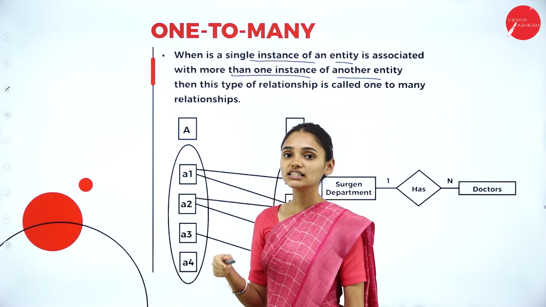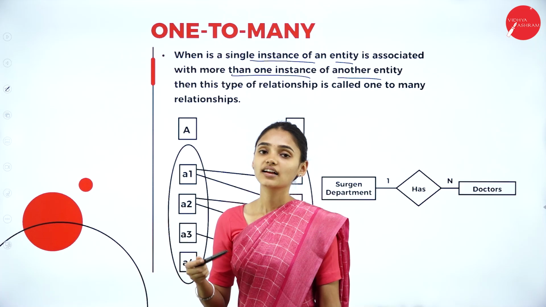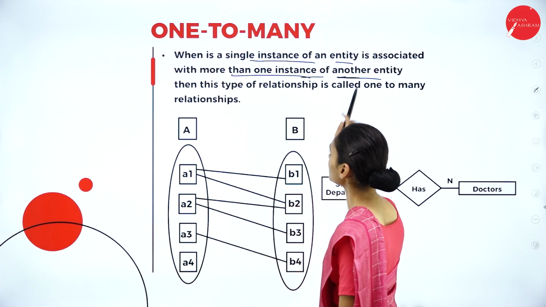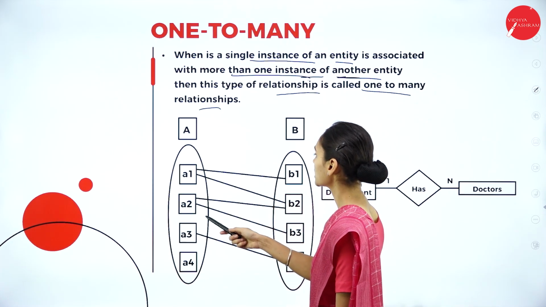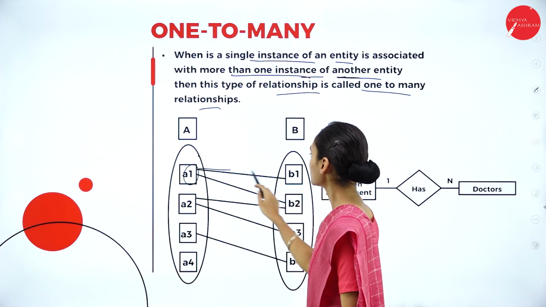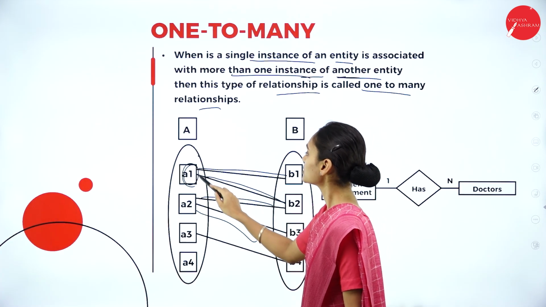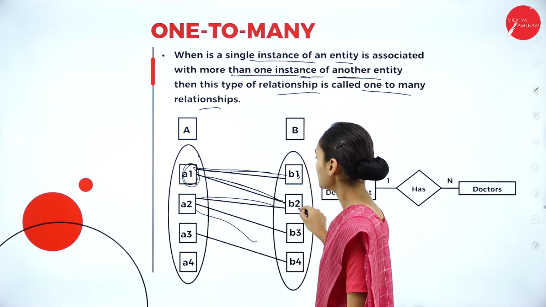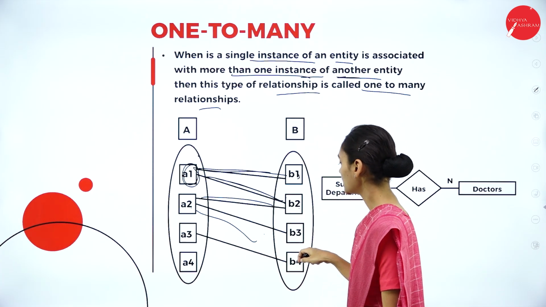In the relationship between A and B, A1 is associated with B1 and B2, A2 is associated with B2 and B3, and A3 is associated with B4.